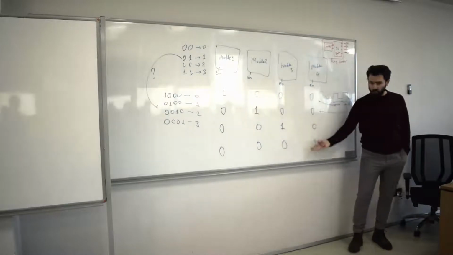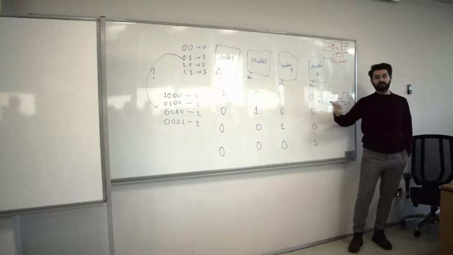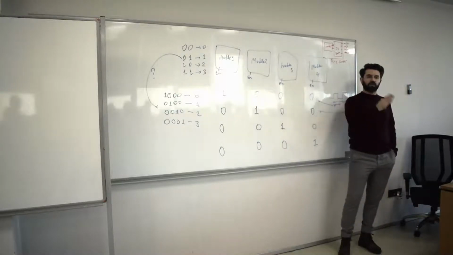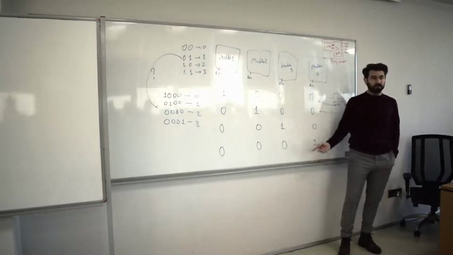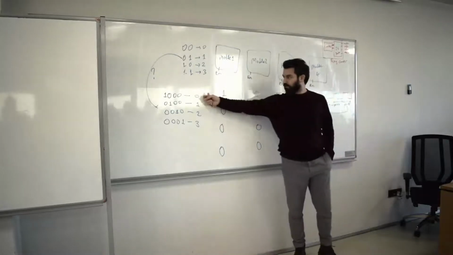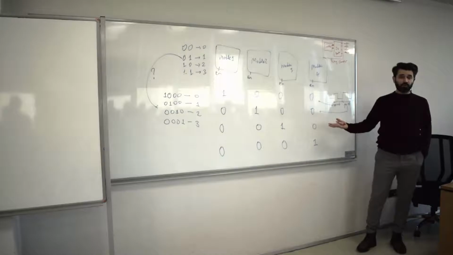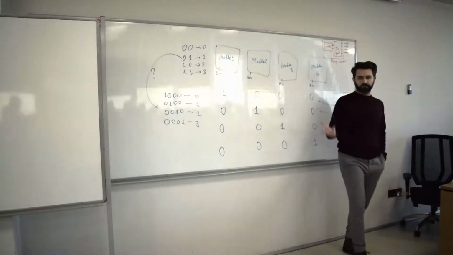So there are 4 possibilities here out of 4 bits. You know that with 4 bits you can count from 0 up to 15, right? But this counter does not exploit that fact. It just uses only 4 out of 16 possibilities to generate a counter that can count from 0 to 3. But it's convenient for hardware because it can be used to enable different modules of the hardware.